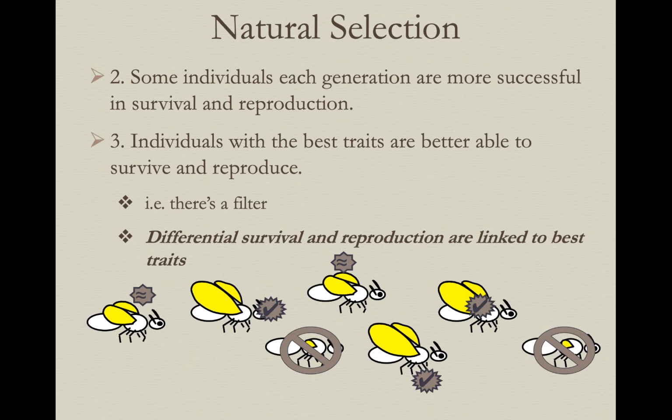If the distribution of resources is such where this filter stays the same, we would expect that in future generations we should see a continual increase in the proportion of individuals in the population that have big wings because of this natural selection filter. These big wings are the adaptive morphology in this context.